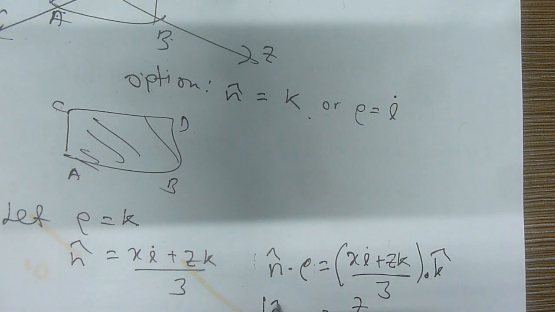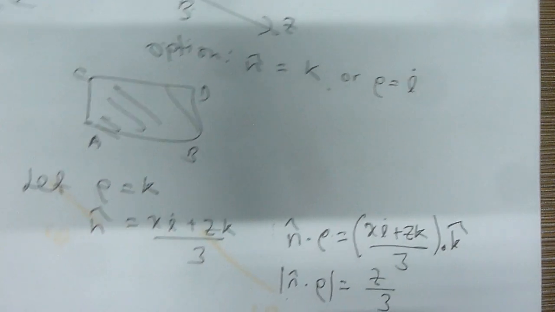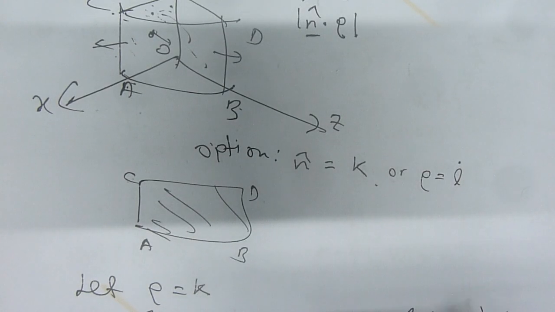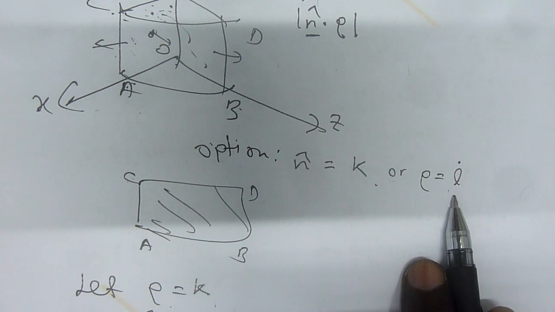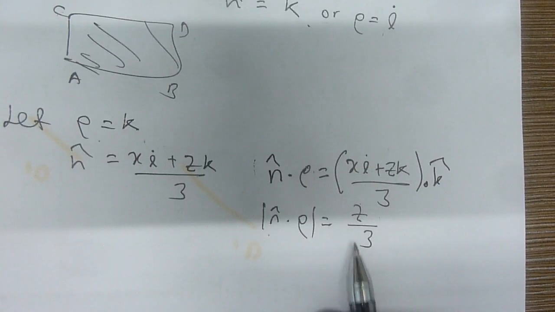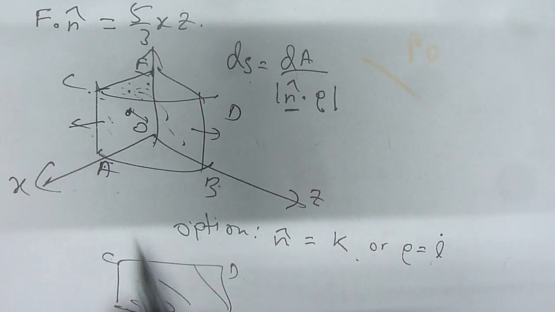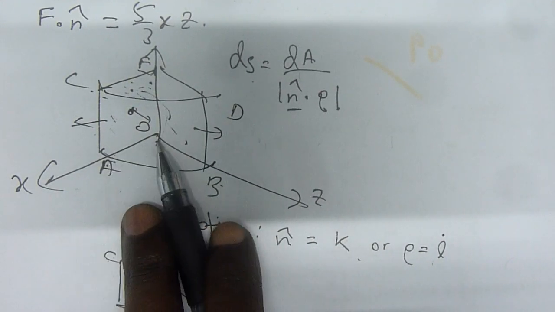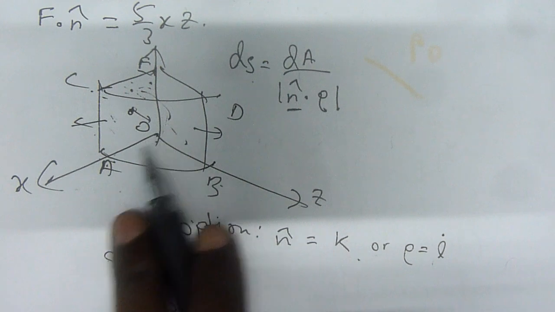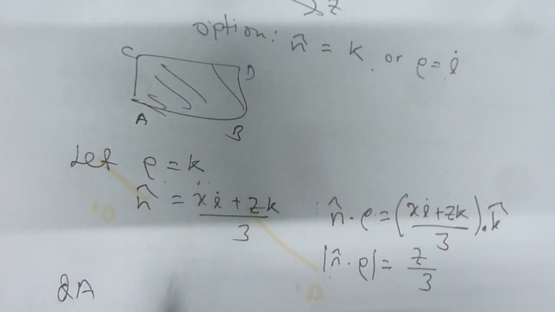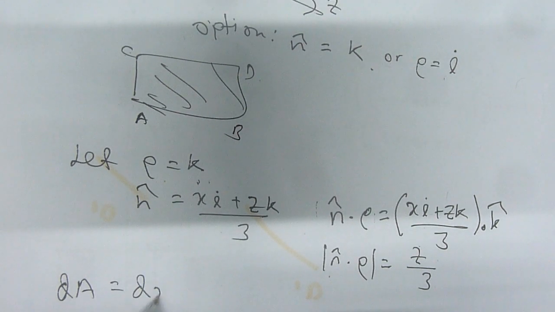This is n dot rho. Similarly you try and see for the I, you will get the same. Therefore, what is dA? The dA, if I choose k here, dx dy, it becomes dx dy, combination dA.